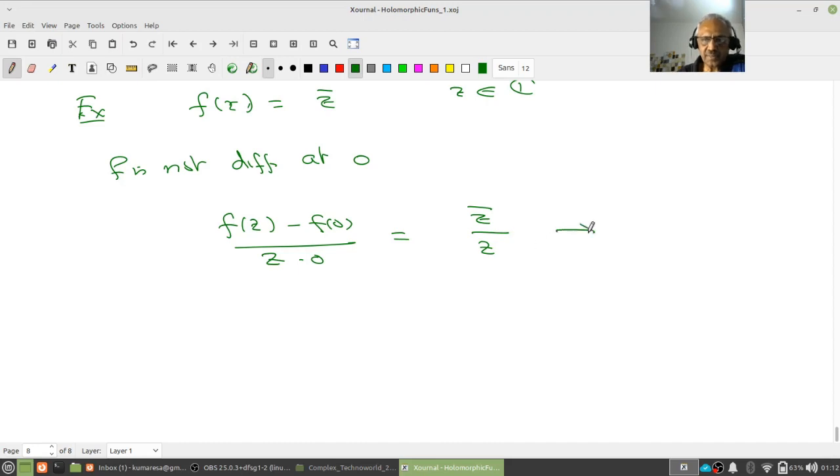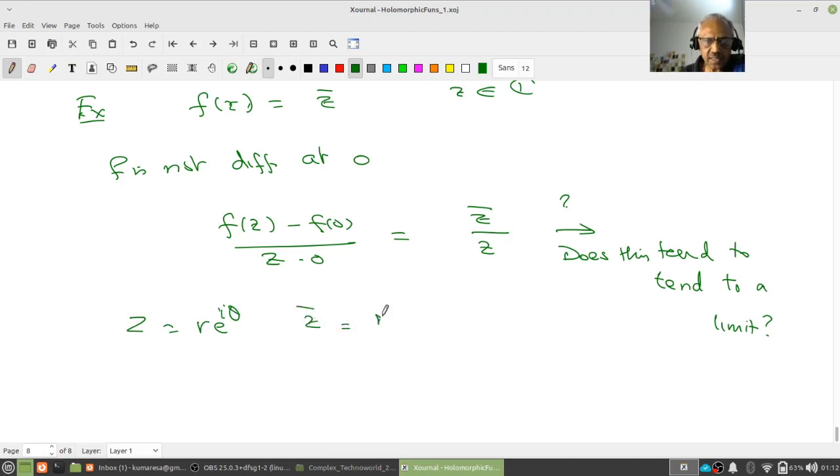So what is f of z minus f of 0 by z minus 0? That is going to be z bar by z. Okay, does this tend to a limit? No. Why? Because if we take z equal to r e power i theta, then z bar is r e power minus i theta.